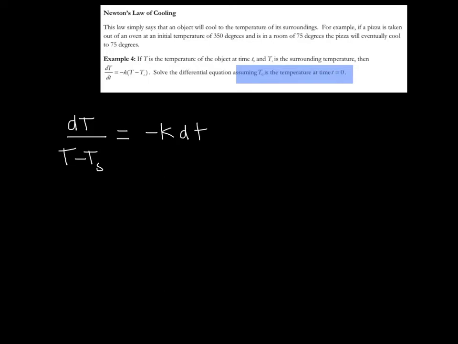Because remember, little t is time, capital T is temperature, so we don't want to get those confused. Alright, so we're going to integrate both sides with respect to those letters.